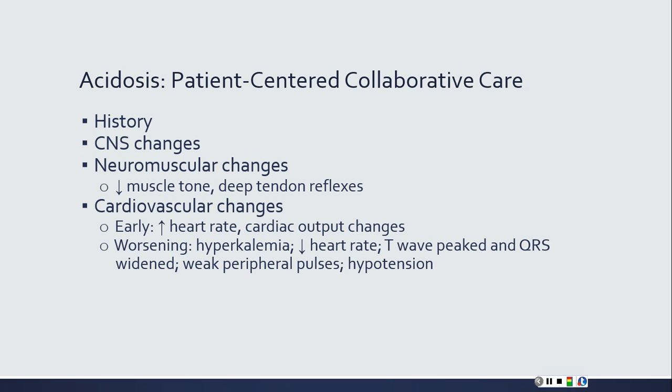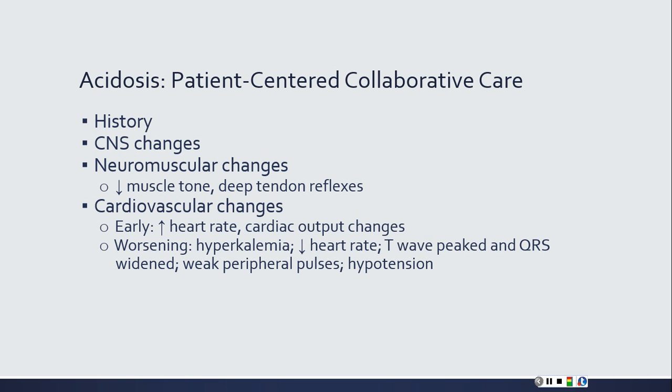Also, with worsening respiratory distress or respiratory acidosis, you're going to have hyperkalemia. Okay, increased potassium. Also, what happens when we have changes in potassium? That's when you've automatically got to start looking at dysrhythmias and cardiac changes.